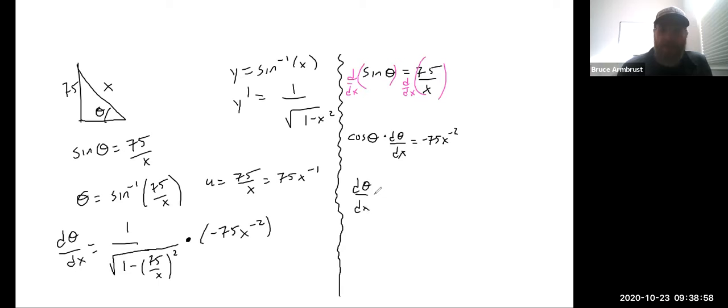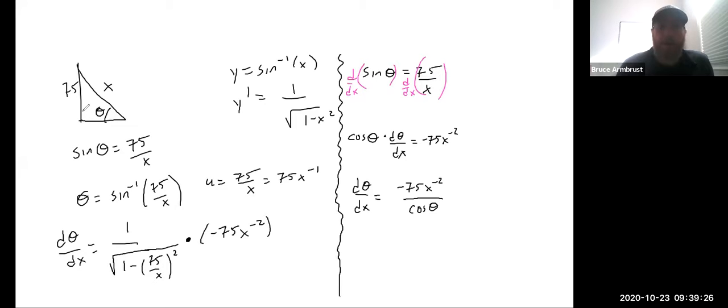So d theta dx is going to equal minus 75 x to the minus 2 over the cosine of theta. Now, these don't look exactly the same because we still have theta in there, but we can get cosine of theta if we come back and look at the original picture.